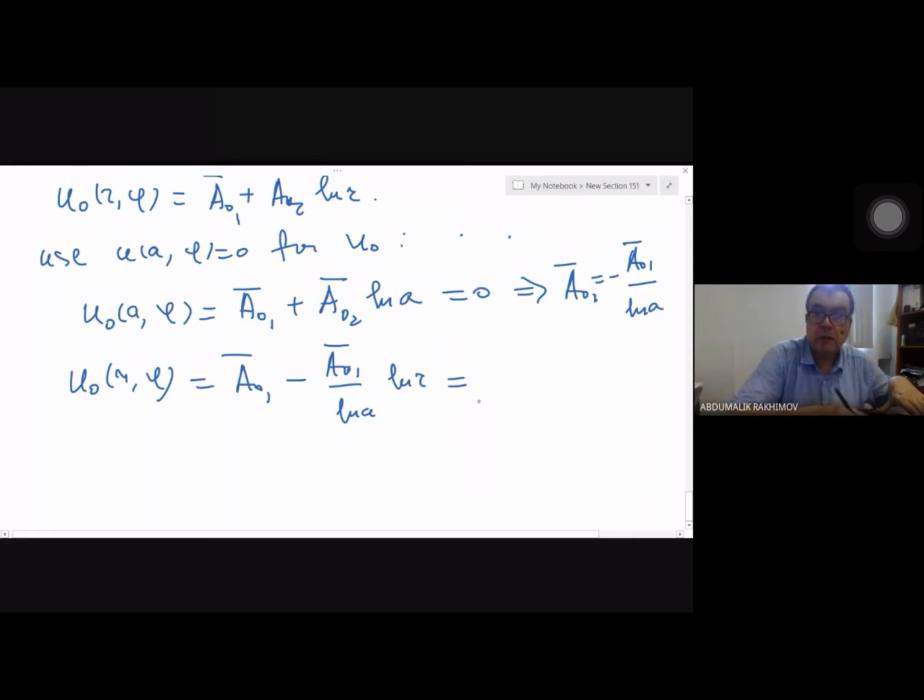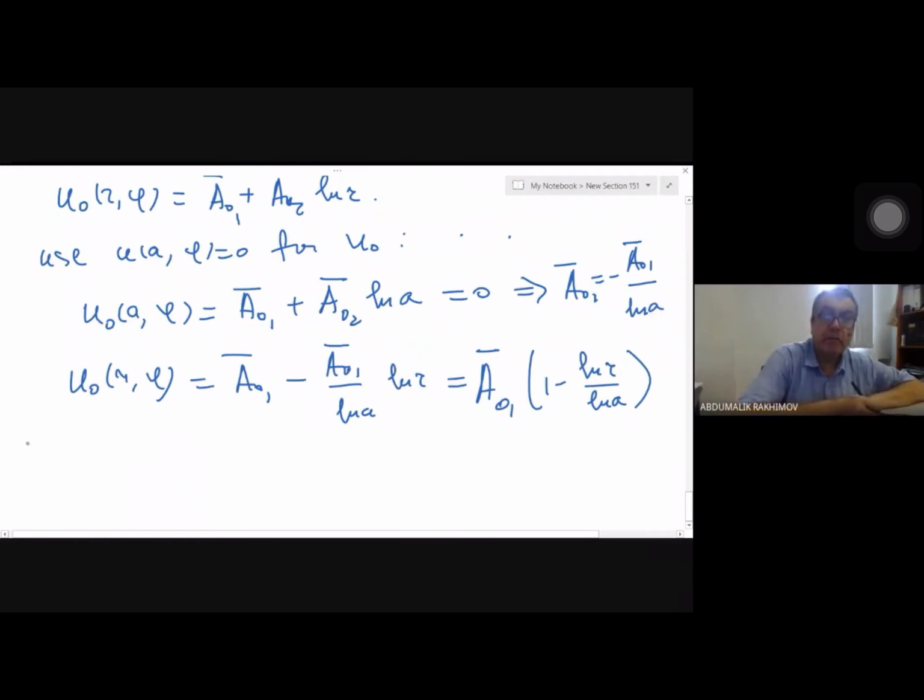So you can write this as a01 times 1 minus ln r over ln a. And it's clear that u0 also satisfies the zero boundary condition. If r is equal to a, then ln a over ln a will be 1 minus 1, which is 0. So we have many functions, u0 and un, all of them satisfying this.